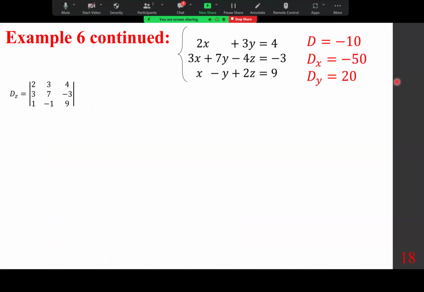So that's pretty straightforward, everybody. And now you want to expand that accordingly. So again, we change the third column. Remember that.